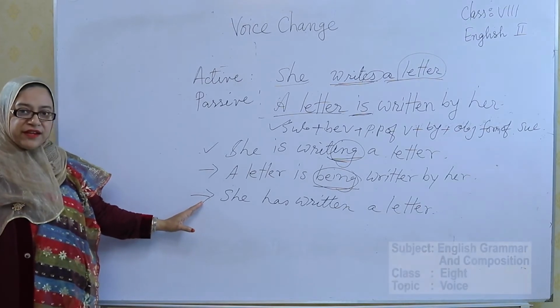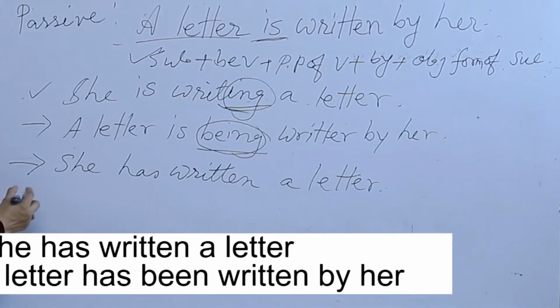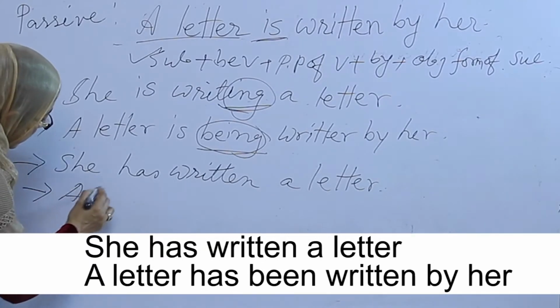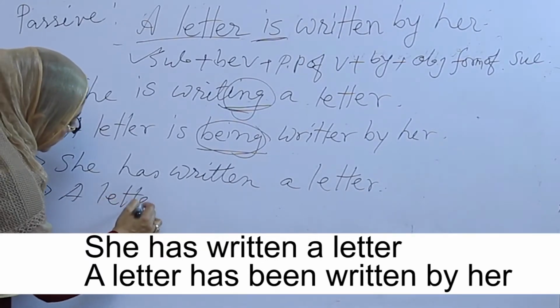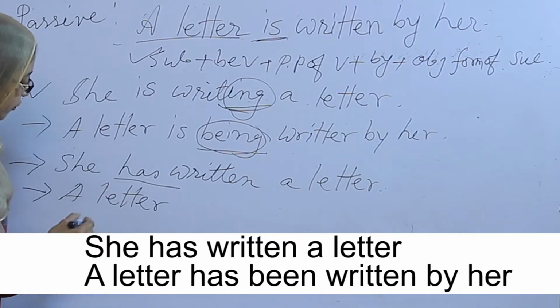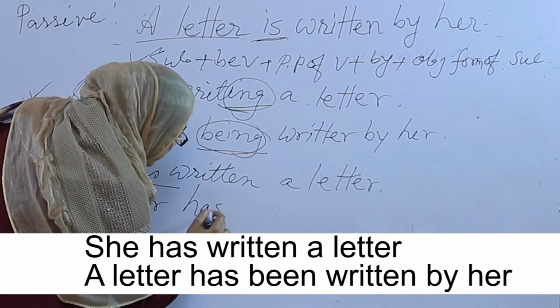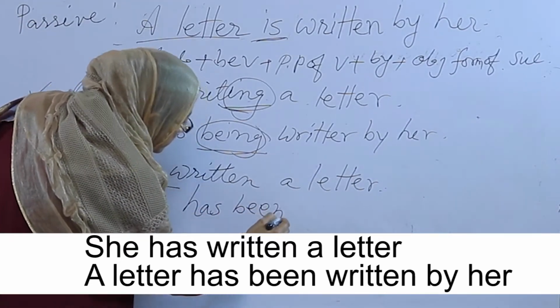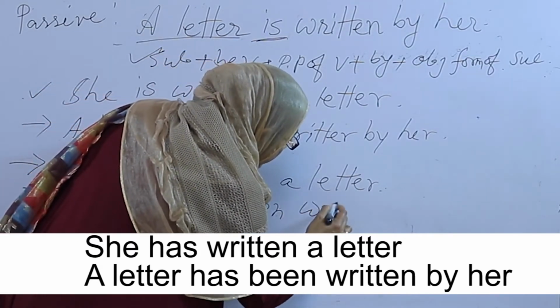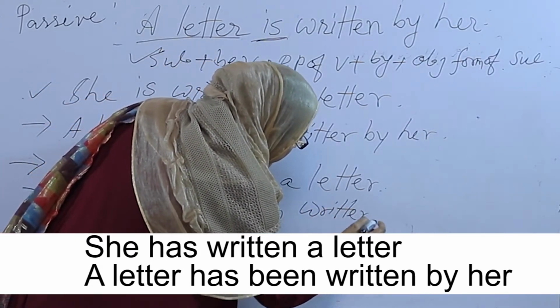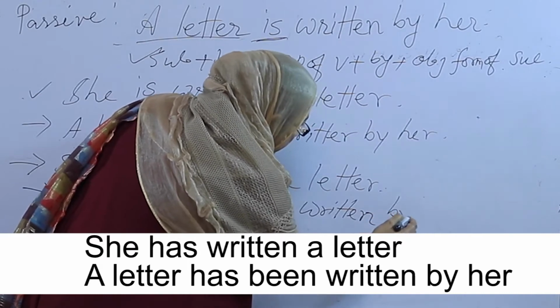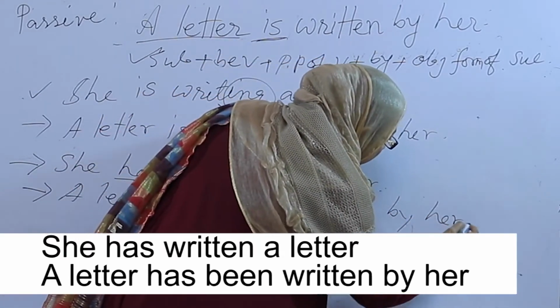So how can we turn it into passive? Look at the board. A letter, if there is "has", we write "has been", and then the past participle form of the word, then by, and also her.